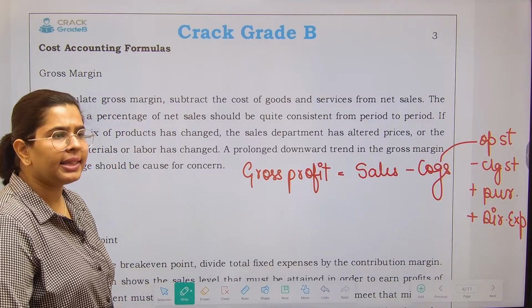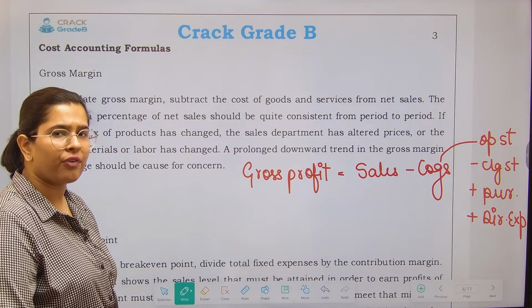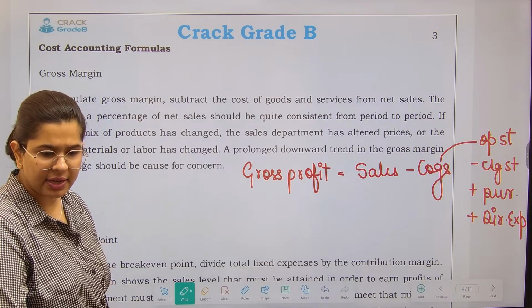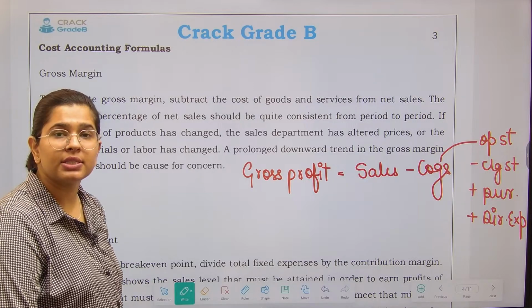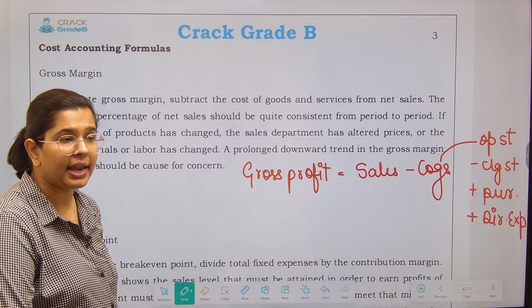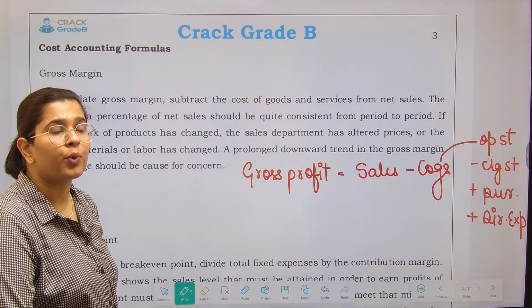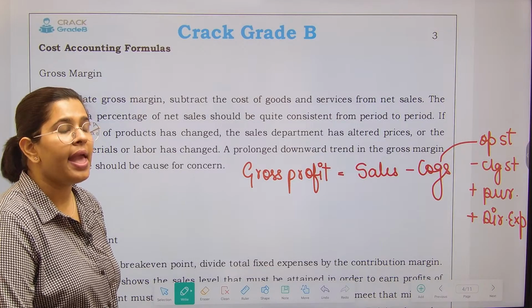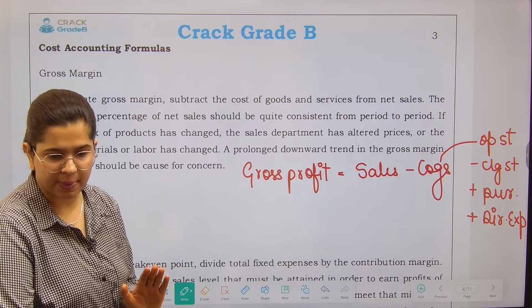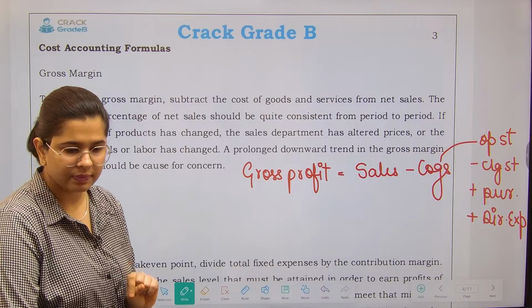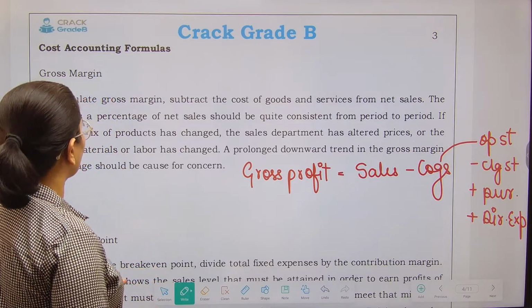So can I say that in the calculation of gross profit only direct expenses are used? Yes. ठीक है? Direct expenses कौन से expenses होते हैं? The expenses which are directly allocable to the product manufactured. ऐसे खर्चे जो हम directly allocate कर सकते हैं products पे. Getting my point? So this is what gross profit is all about.